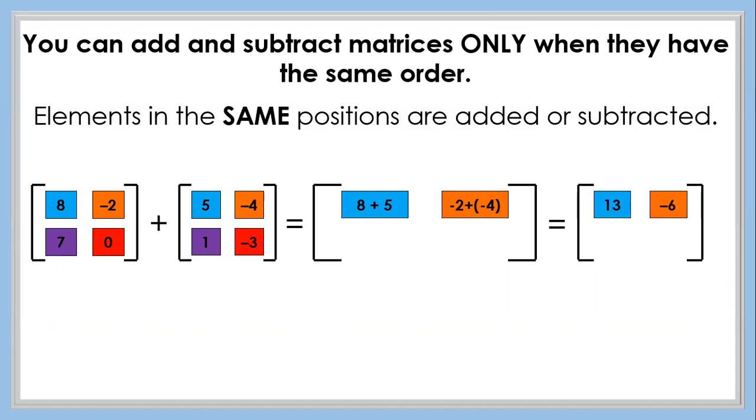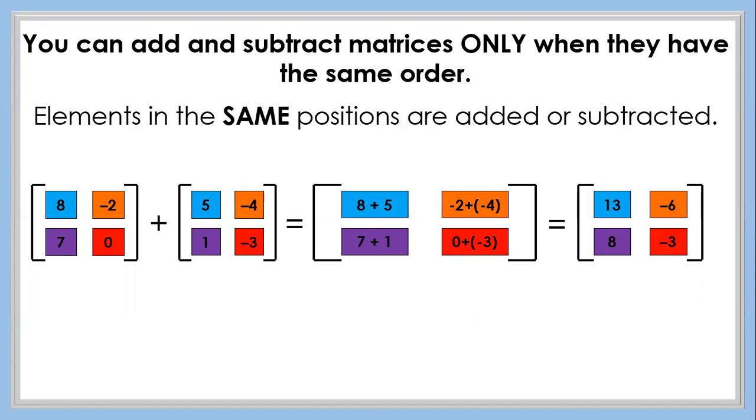Third member with third member, 7 plus 1 is equal to 8. And fourth member in the first matrix with the fourth member in the second matrix. So 0 plus negative 3 is equal to negative 3.